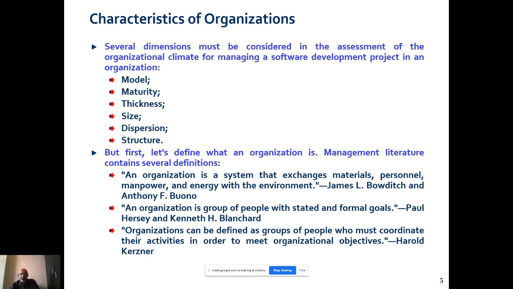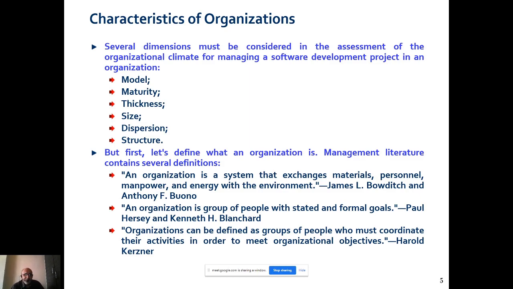Next is the characteristics of organization, how it is measured. It is measured on the kind of model, whether it is a hierarchical model or matrix-like, or what it is. What is the maturity level? How long have they had the experience? Thickness, that is, one project team is composed of how many people? In Agile, we restrict this number up to 9.